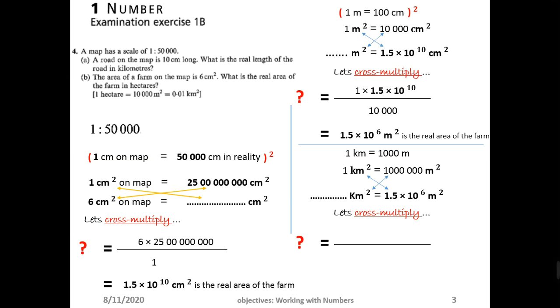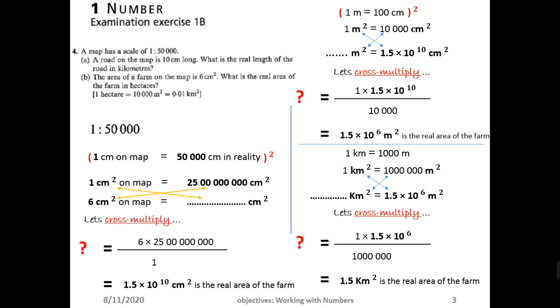It's multiplied by the million or the 10 to the power of 6. The other two numbers are 1 and 1.5 times 10 to the power of 6. They go up as numerators multiplied by each other. 10 to the power of 6 over a million is exactly 10 to the power of 6 over 10 to the power of 6, so they cancel. So the final answer is 1.5 kilometers squared.